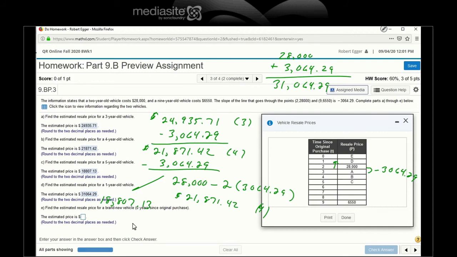And find the estimated value of a brand new vehicle. So that'd be year 0. Like I said, we got this one. Well, let's do it the way they were showing earlier.